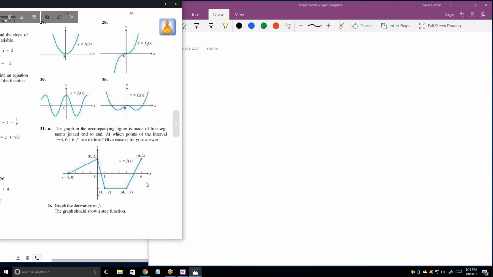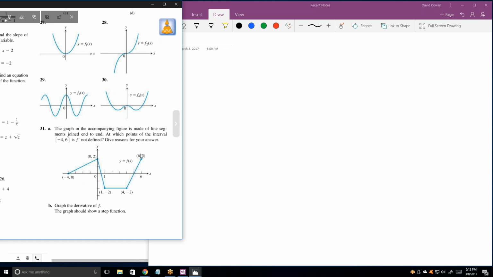What's the next point that it's not differentiable at? How about this where x is 1? That's another corner. In other words, what you're looking for is all the corners. Okay, so each corner is not differentiable.